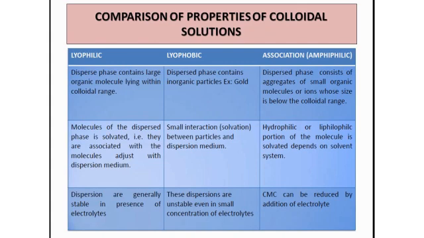I repeat, they are unstable even in small concentrations of electrolyte. And for association colloids, the CMC, the critical micelle concentration, can be reduced by the addition of electrolytes. So if you add more amphiphiles in water and want to decrease the critical micelle concentration, you can add the electrolyte.